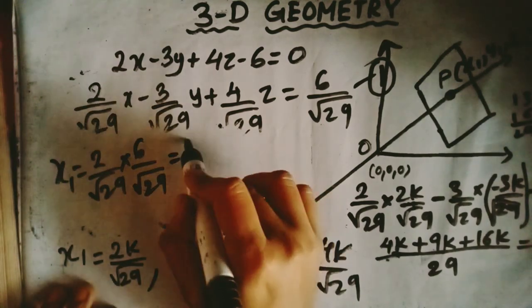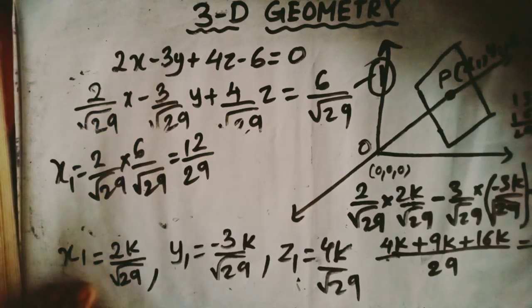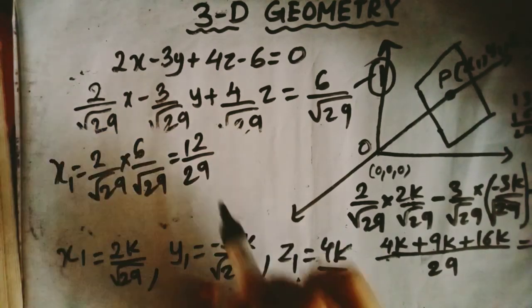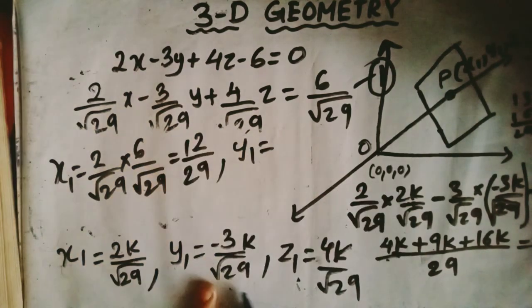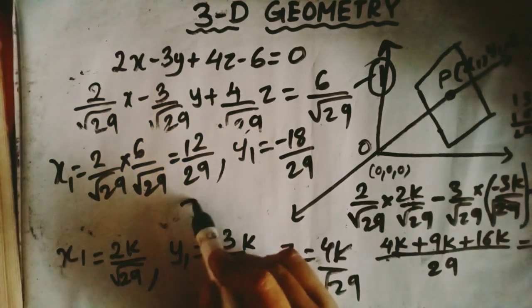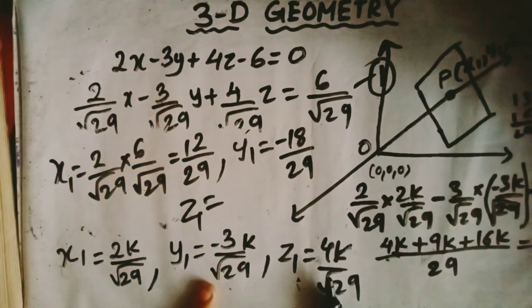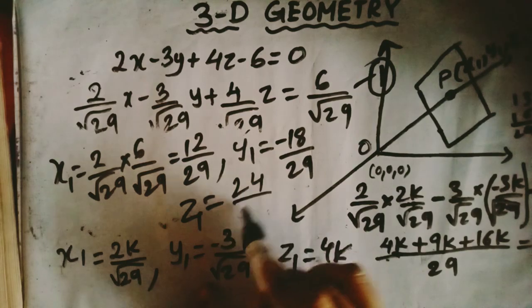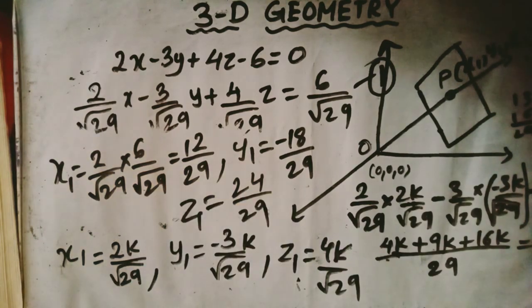So this is 12 upon 29. Okay, like that you will get y1. y1 it will be minus 3 into 6, so minus 18 upon 29, and z1 you will get 4 into 6, 24 upon 29. Okay, so this is the foot of the perpendicular.